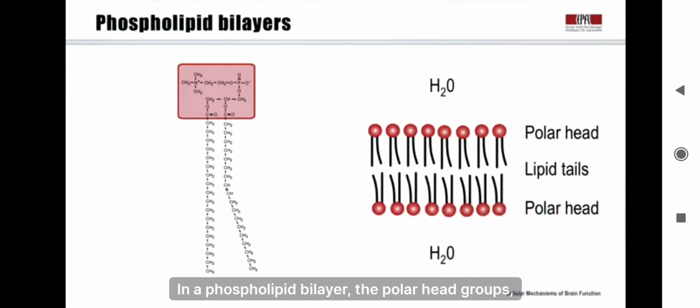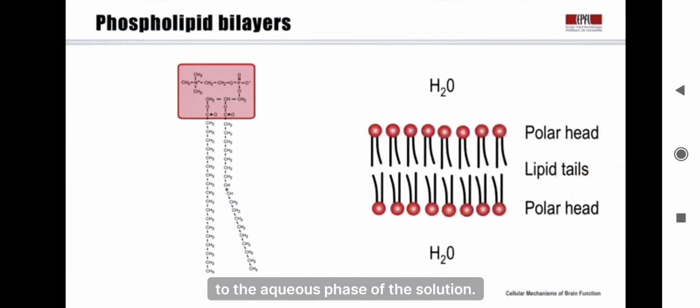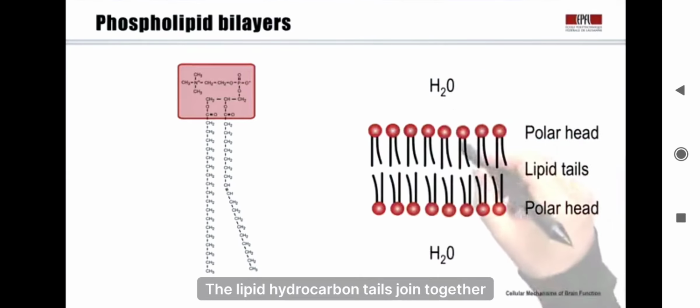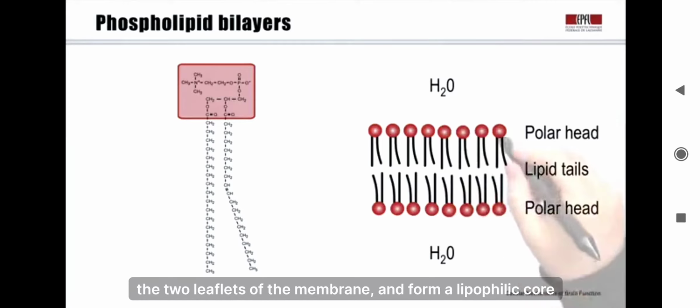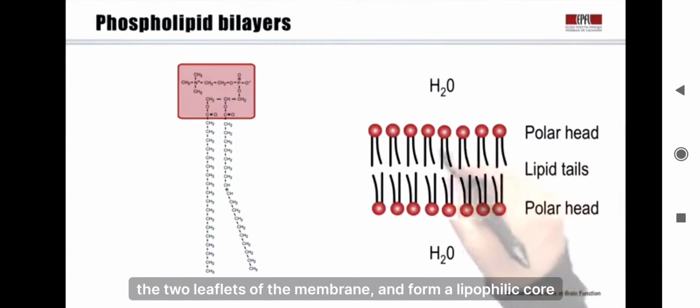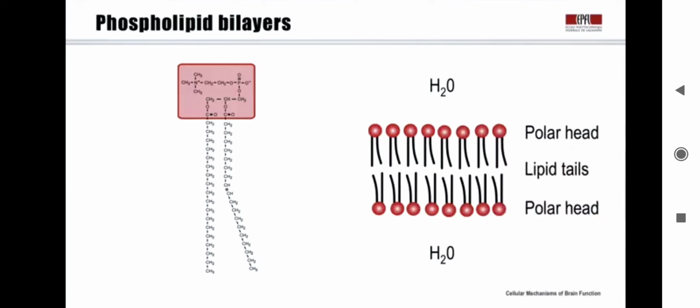In a phospholipid bilayer, the polar head groups containing the phosphate group interact and are close to the aqueous phase of the solution. The lipid hydrocarbon tails join together the two leaflets of the membrane and form a lipophilic core surrounded by hydrophilic edges here by the polar head group.